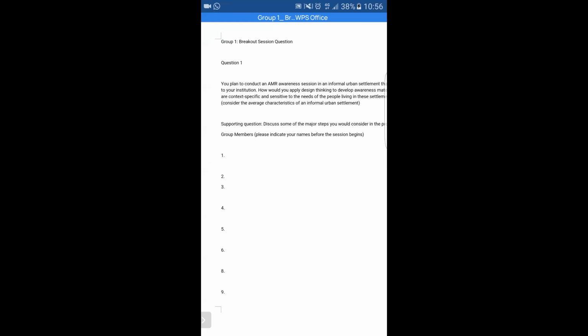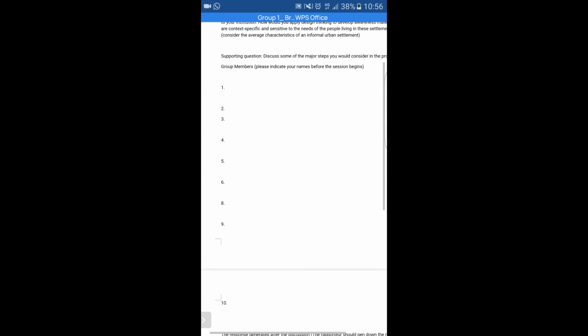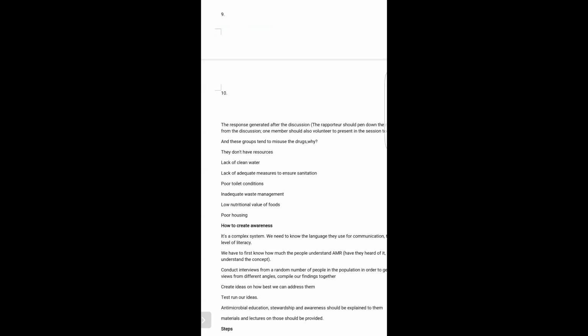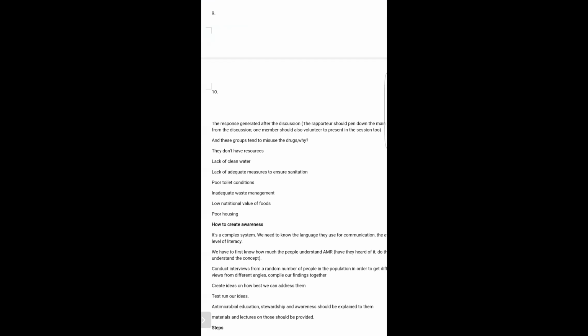Consider the average characteristics of an informal urban settlement. So we first discussed the response. We discussed characteristics of informal urban settings: they lack resources, like clean water, and adequate measures to ensure sanitation. There are poor toilet conditions, inadequate waste management, low nutrition value of foods, and poor housing.